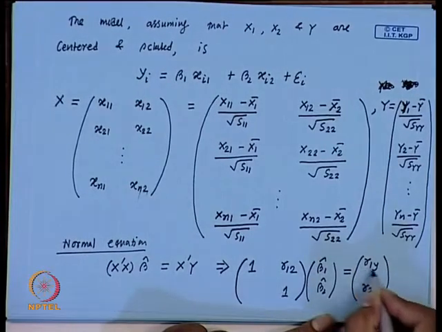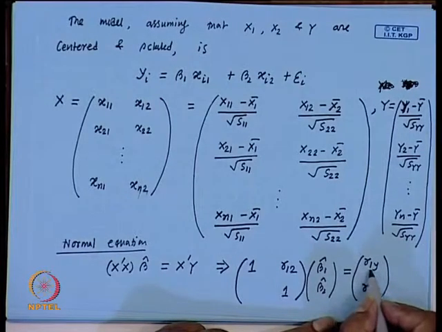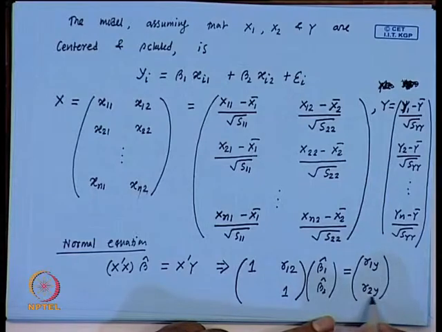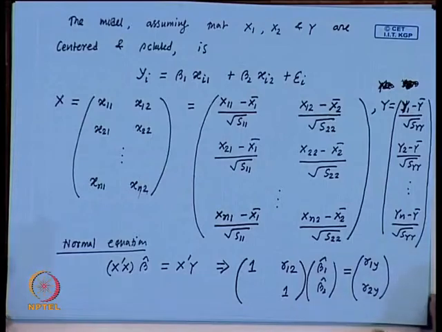Well, this r_1y is the sample correlation between x1 and the response variable y, and r_2y is the sample correlation between the second regressor and the response variable y, right.